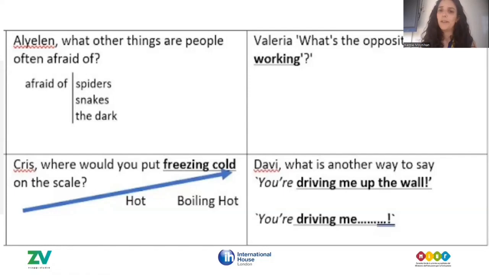Valeria, what's the opposite of hardworking? So here, just eliciting an antonym, another word. You could also ask students for a synonym, hardworking, studious. You could ask students to think, do they know anyone who's hardworking?